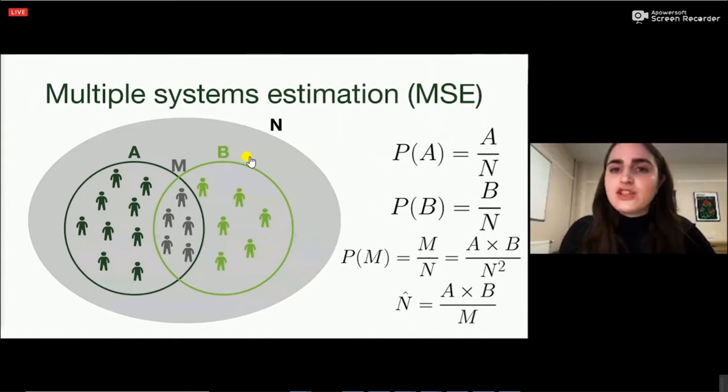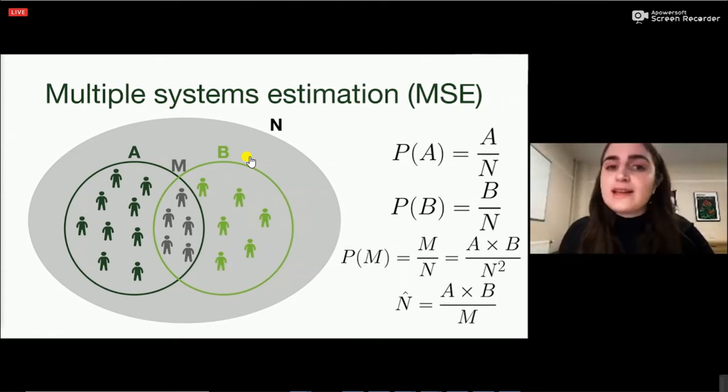To make what I've just explained a little more concrete, let's imagine we have 2 lists A and B, and a population of unknown size n. This example differs from the way that I construct my estimates in practice, but it's helpful to understand the intuition behind what multiple systems estimation is doing. Let's imagine that lists A and B are independent, and now I'd like to define some quantities.